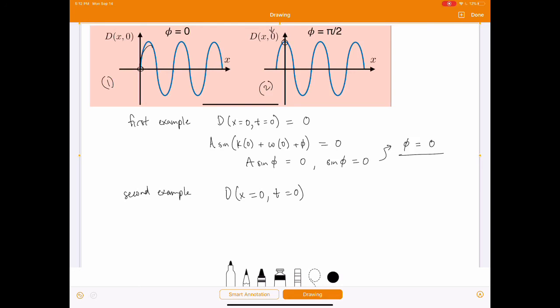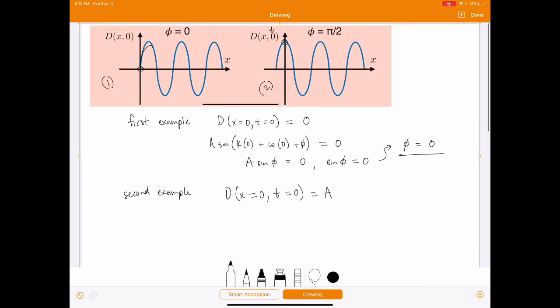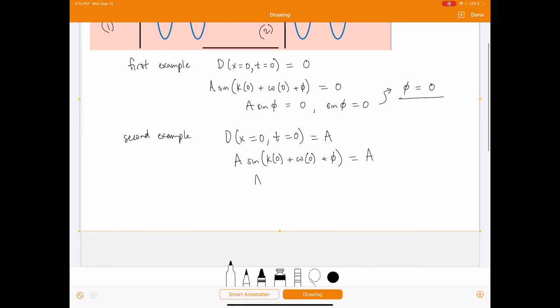So that's up here. So the displacement is not 0. In fact, it's the maximum value. It's a at that point. And so we have a sine times kx, so k times 0 once again, plus omega t, t is equal to 0, plus phi, and that's now equal to a. So we have a sine, all this is 0, so we just have sine phi.